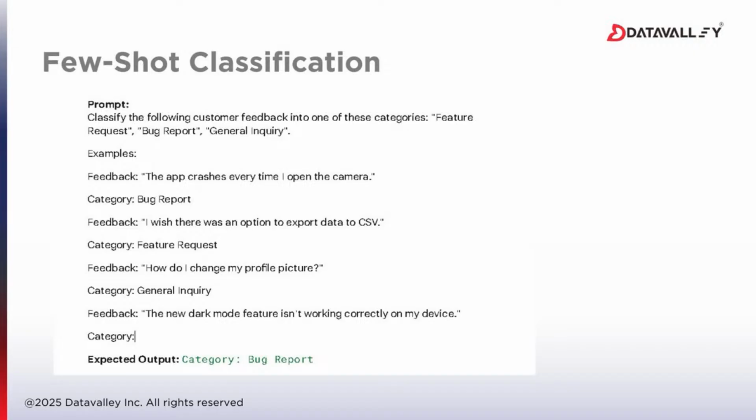So it recognizes that the dark mode feature isn't working correctly is semantically very similar, some kind of malfunction. So it's not a new idea or new thing. Just a simple question, right? So this is how it will understand the patterns and provide an answer.